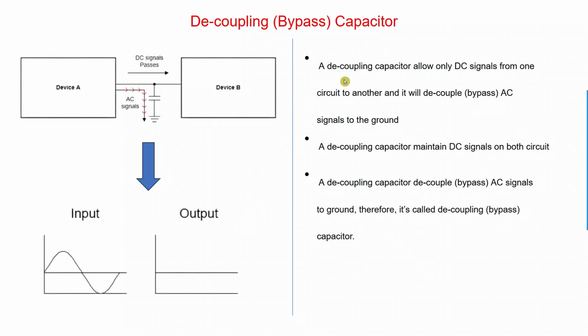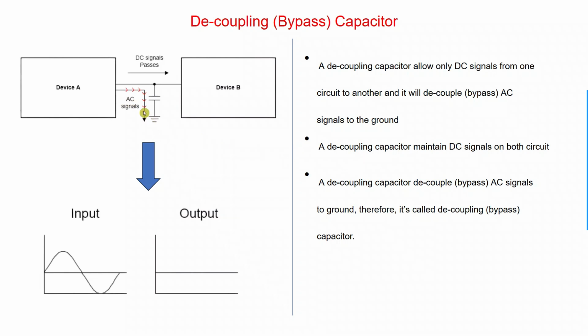A decoupling capacitor allows only DC signals from one circuit to another and it will decouple, bypass AC signals to the ground. As you can see here, it will bypass AC signal to the ground. A decoupling capacitor maintains DC signals on both circuits.